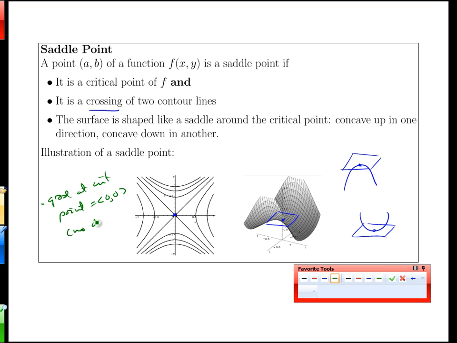The idea being that it has no direction, no magnitude either, but for us with the properties of gradients, it's more important that we say no direction. The other property that we had about gradients is that the gradients are perpendicular to contours.